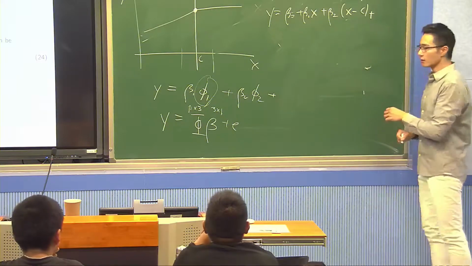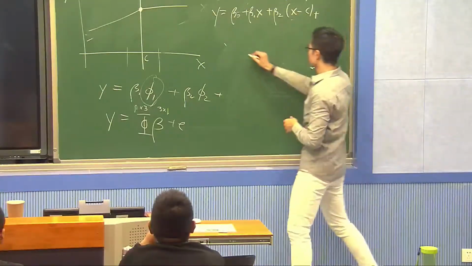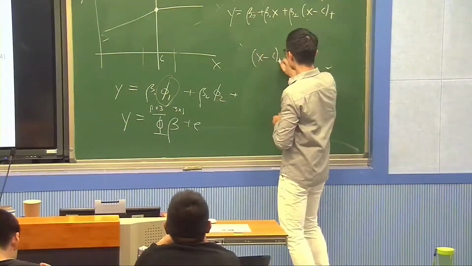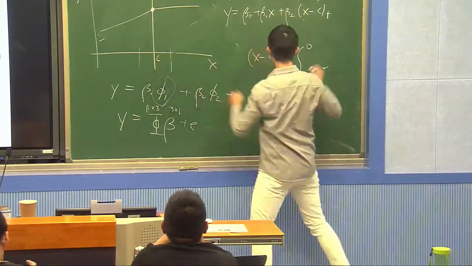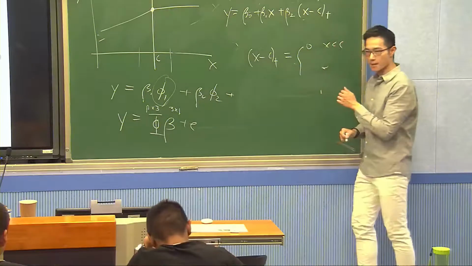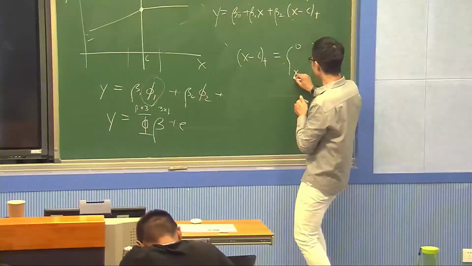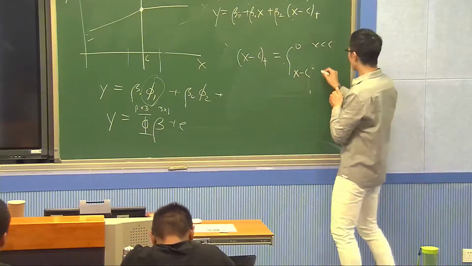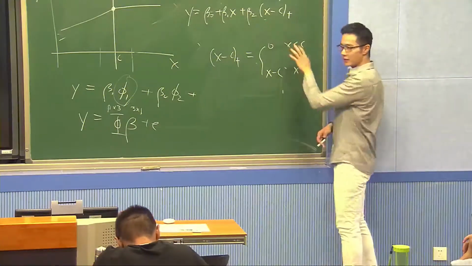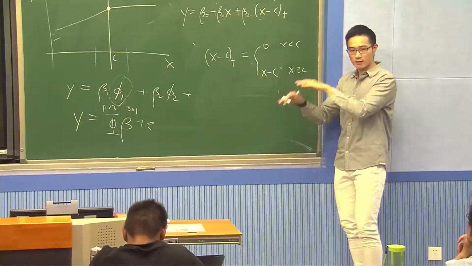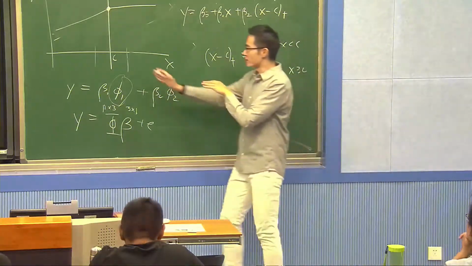Now, what this function, (x minus c)plus, is equal to 0 when x is smaller than c, and equal to x minus c if x is larger than c. So, in other words, this is a linear term that only kicks into effect after c, right?